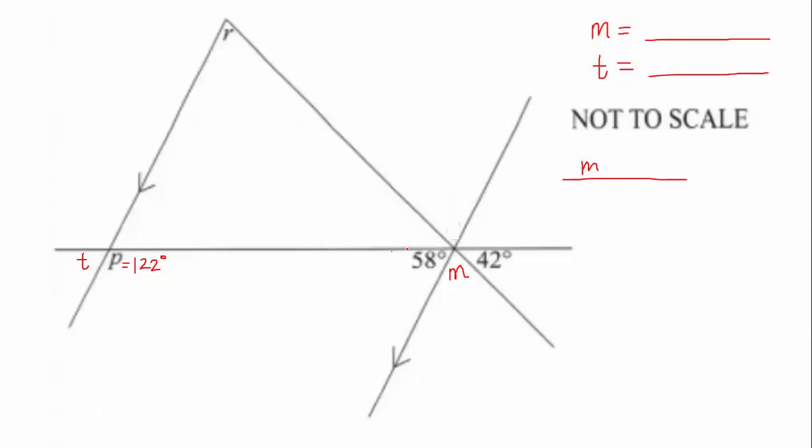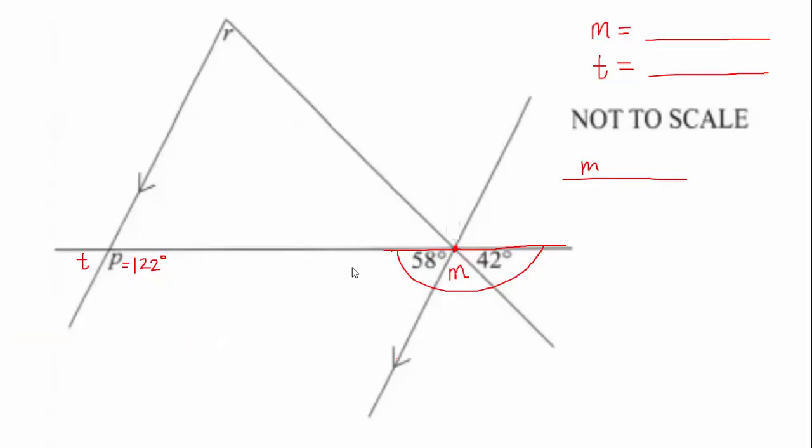Again, angles on a straight line at a common point add up to 180 degrees. So if we add all this up, it should be equal to 180 degrees.